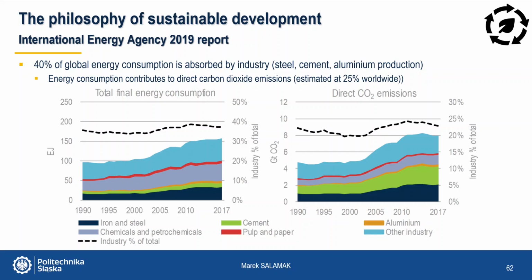Such a high energy consumption contributes to direct carbon dioxide, CO2 emissions, estimated at 1/4 worldwide, which many experts believe may impact the environment in the context of climate change. Although I admit that this topic has become very politicized and it's a bit more like professing a new religion today, where ideology and faith are more important than common sense and openness to other views.